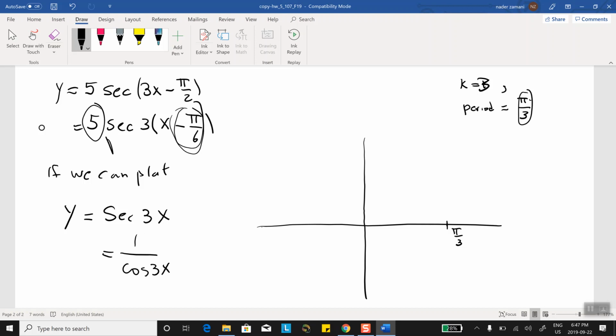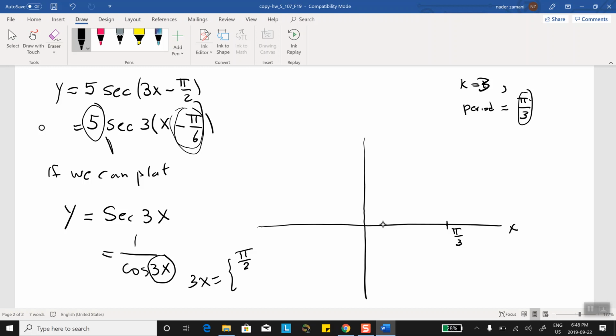For example, when 3x is pi over 2, which incidentally means that x is pi over 6, because this is the x-axis, we have a problem.